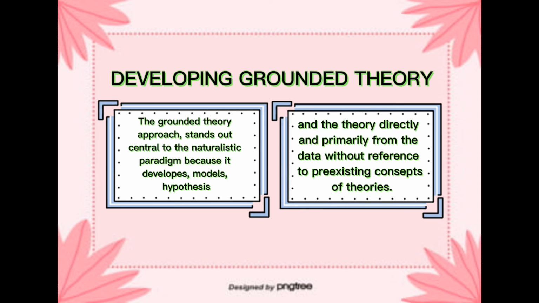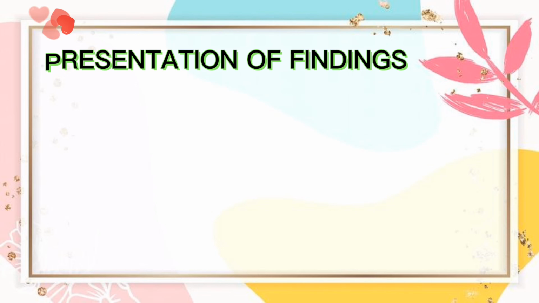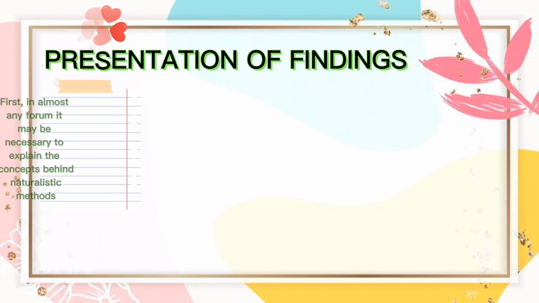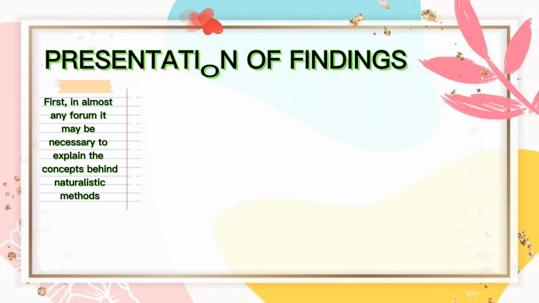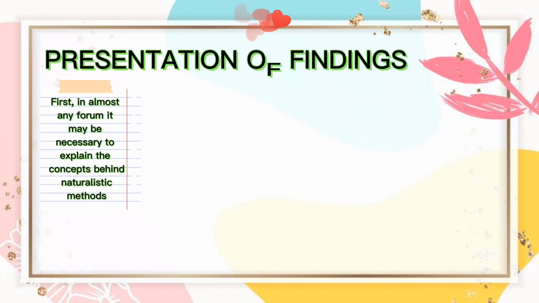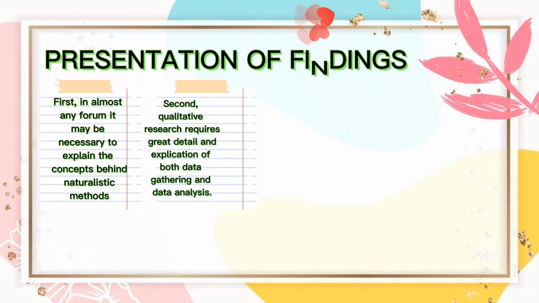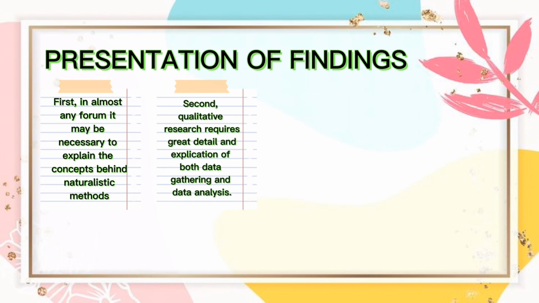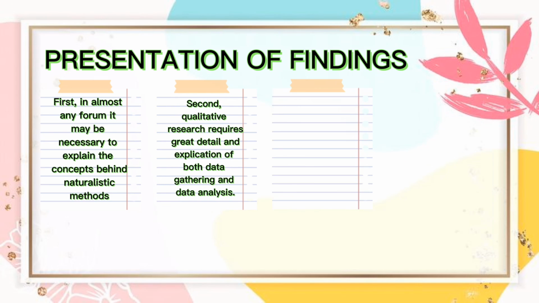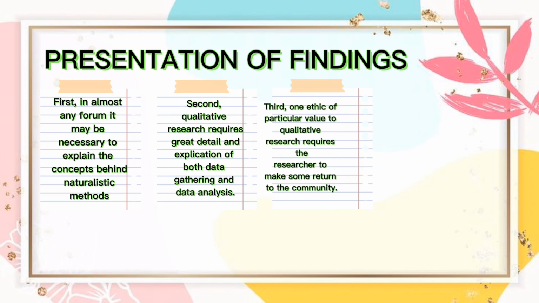Presentation of findings. First, in almost any forum it may be necessary to explain the concepts behind naturalistic methods. Second, qualitative research requires great detail and explication of both data gathering and data analysis. Third, one ethic of particular value to qualitative research requires the researcher to make some return to the community.